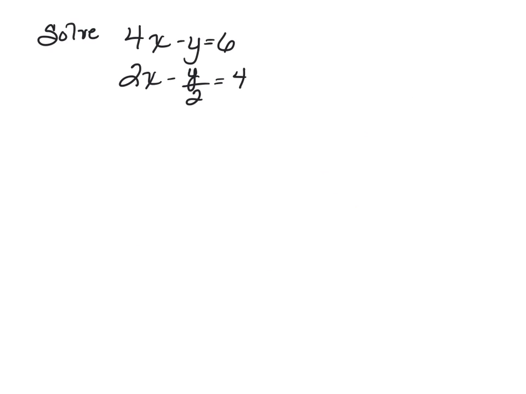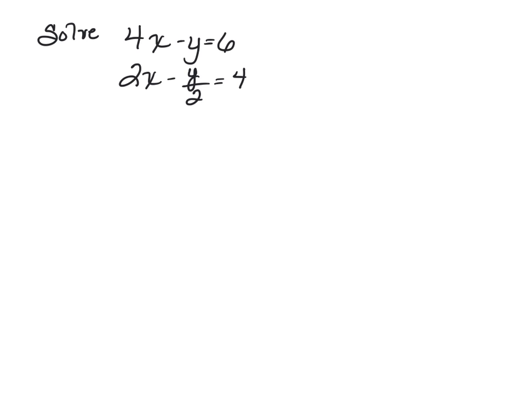For this next example, we're asked to solve the system 4x minus y equals 6 and 2x minus y over 2 equals 4. As you begin to look at this, I always like to stop and try to figure out which variable is the easiest to eliminate.